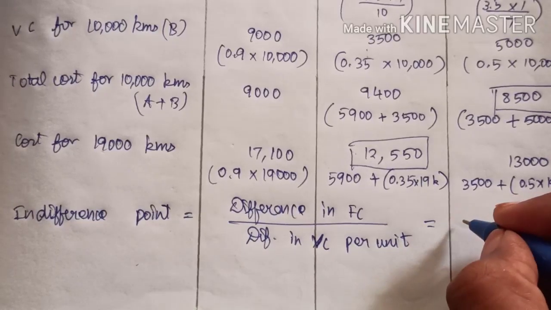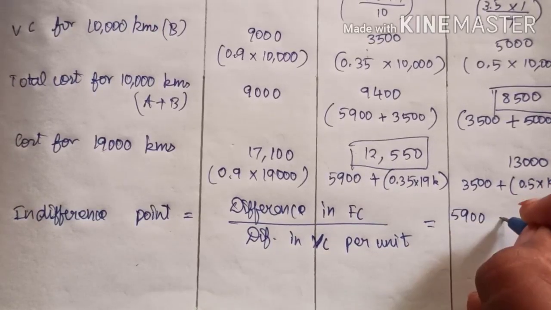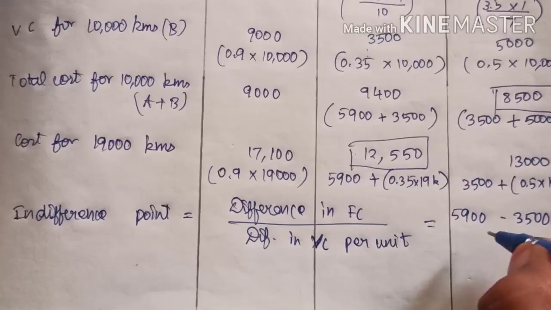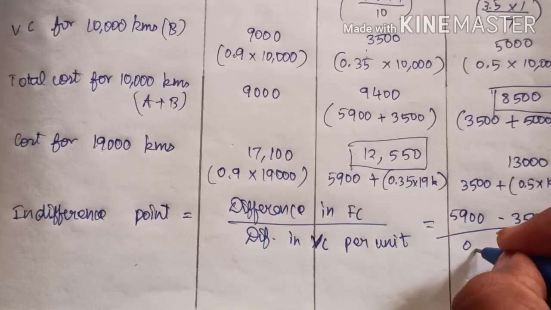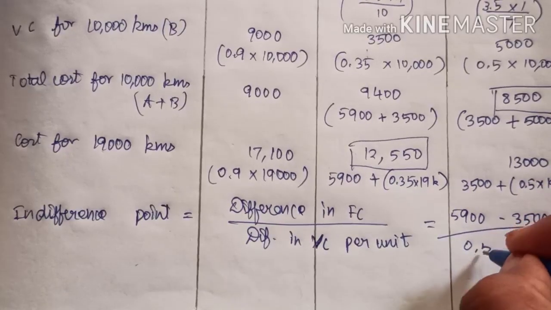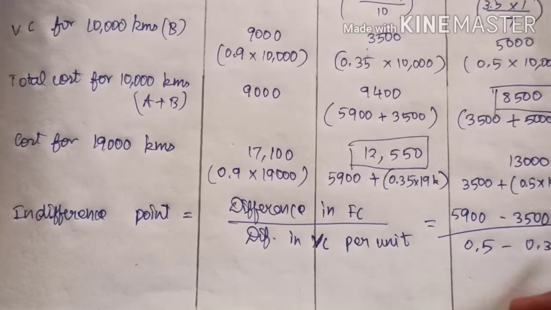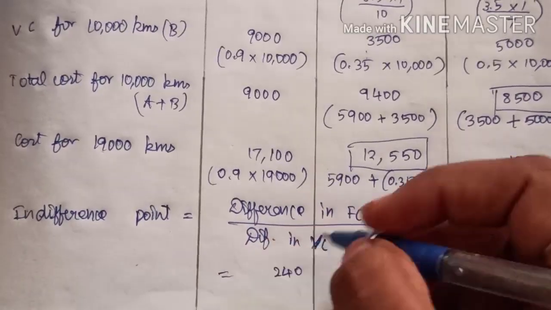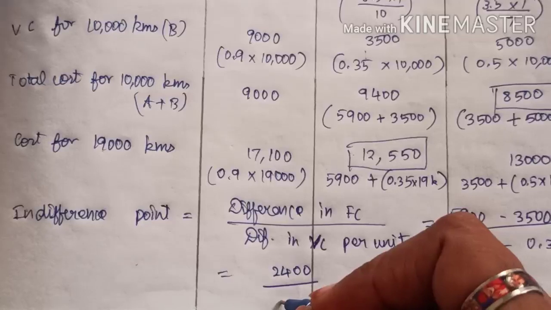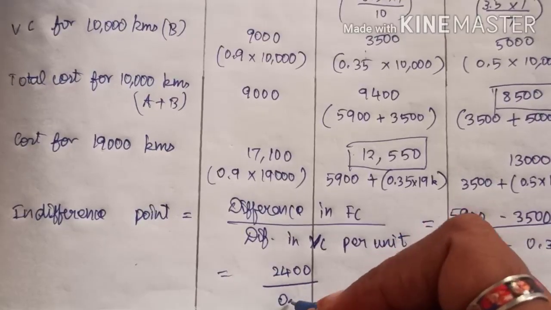Difference in fixed cost is 5,900 minus 3,500, and then 0.5 minus 0.35. You will get 2,400 divided by 0.15.